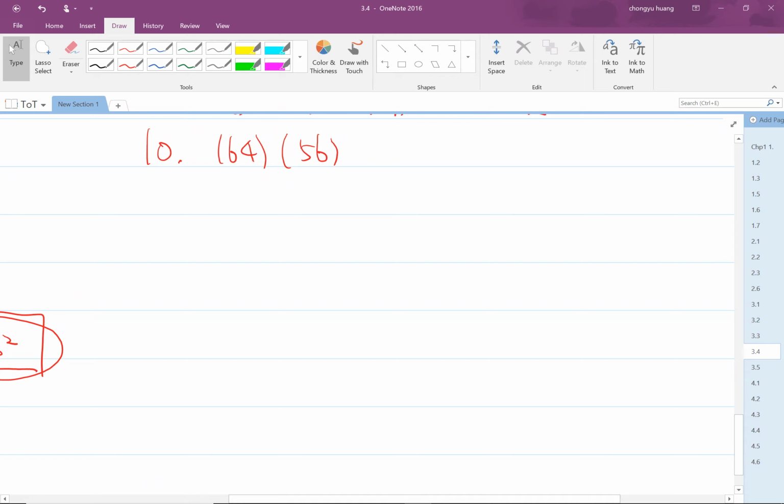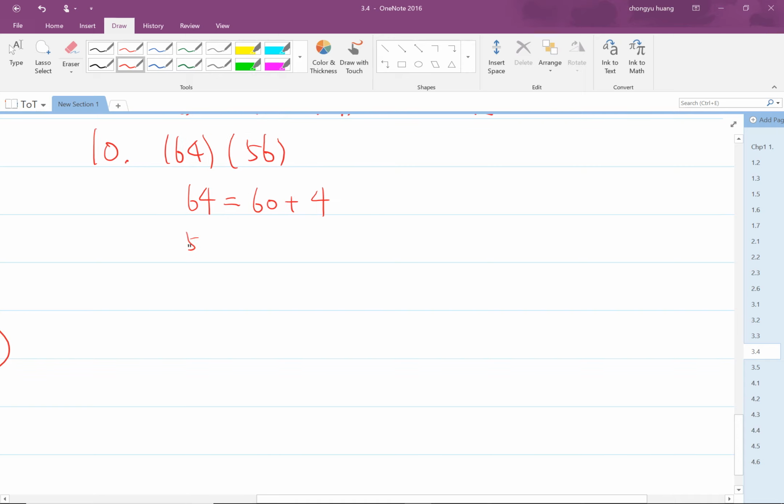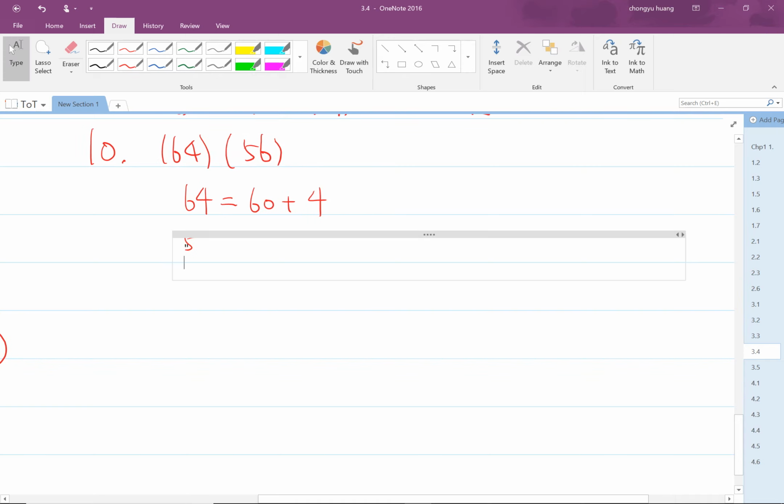Okay, so let's do the question. Again, we have to use the same method as for question 9. Let's do question 10 a little bit faster. You can see over here, 64 is equal to 60 plus 4, and 56 is equal to 60 minus 4, right?